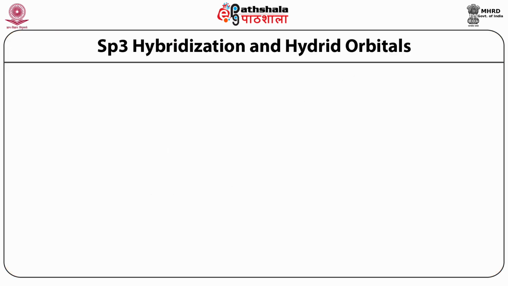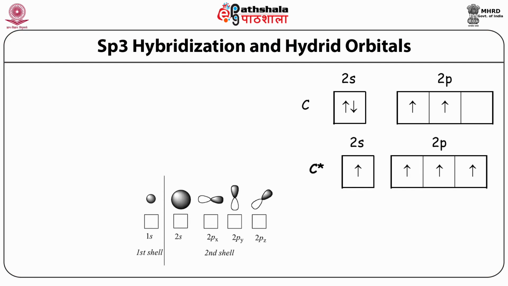For carbon, in general, there are 3 possible hybridizations, that is sp, sp2, sp3, which we will discuss in this module. So now students, let us discuss the sp3 hybridization.